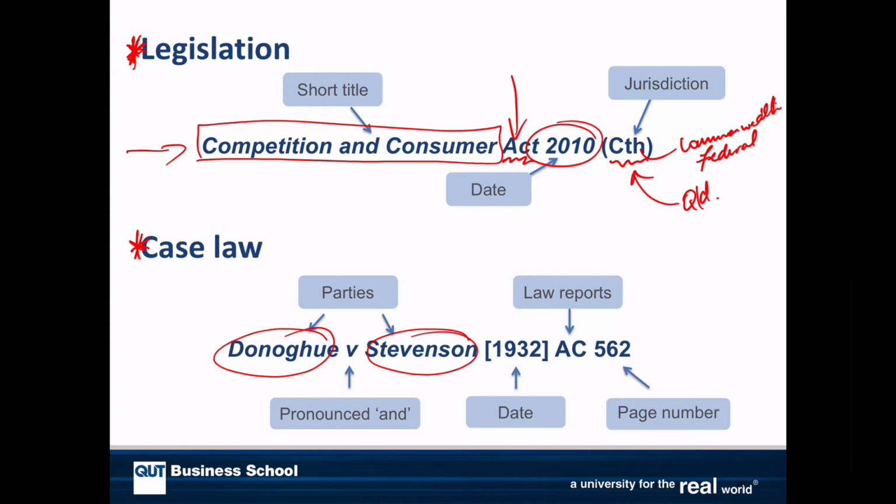Generally, if it's first instance, the first time a case comes, the plaintiff comes first and the defendant comes second. Now we know that if it goes on appeal, the terms change, and so can the order. On appeal, the first person is the appellant and the second person will be the respondent.